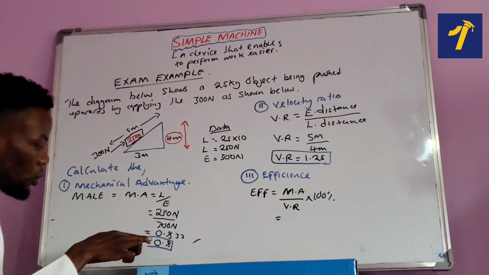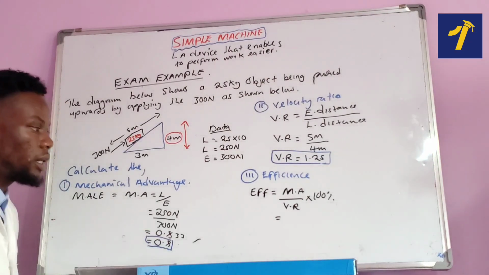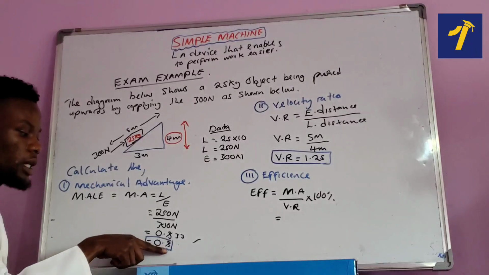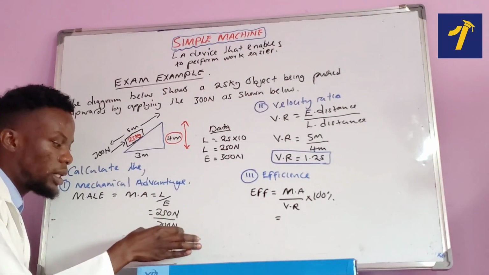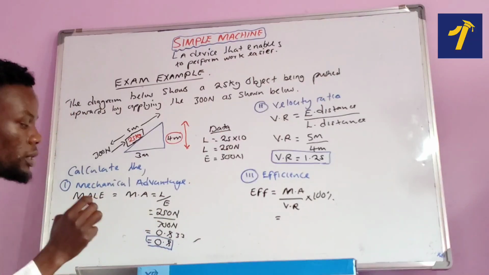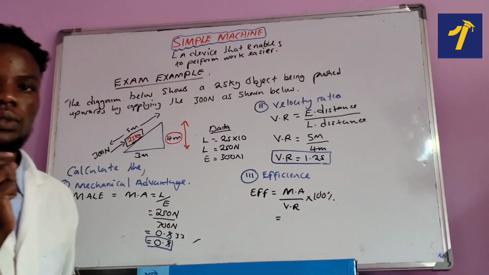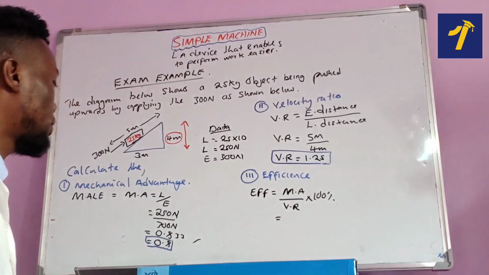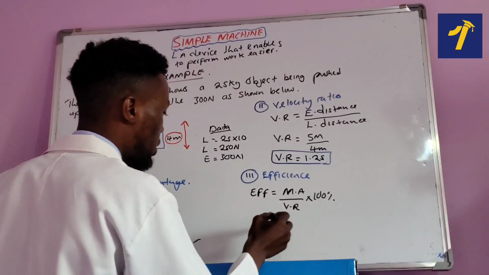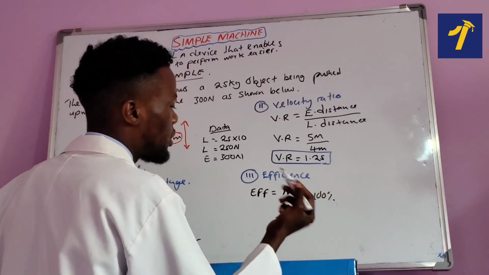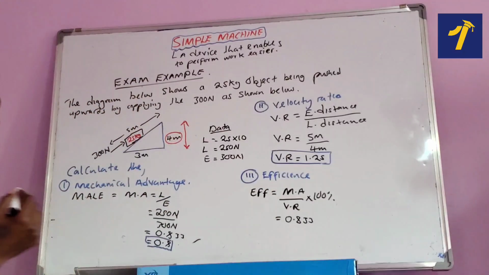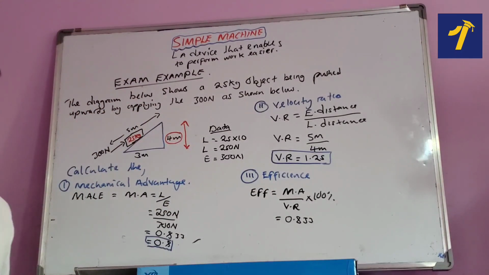So we are going to get the 0.833 instead of the 0.8, because this one we rounded off. Reason being, during the calculation we always get the one that we haven't rounded off.